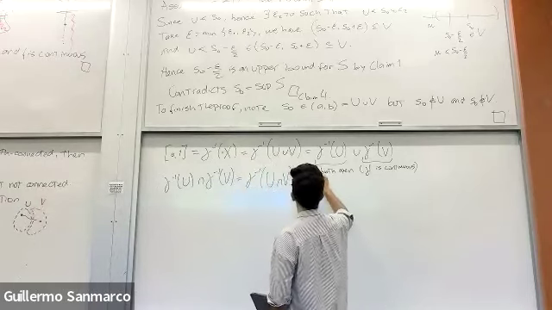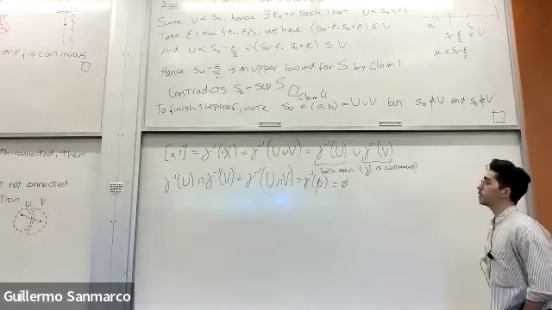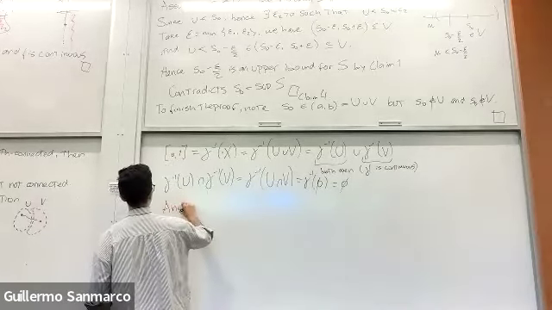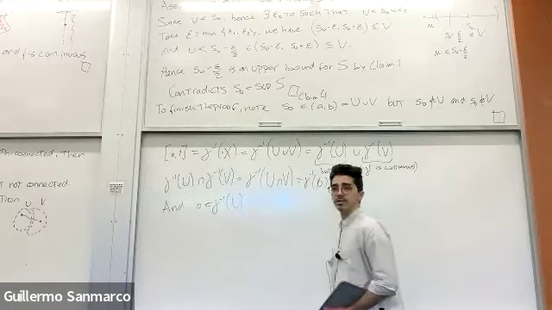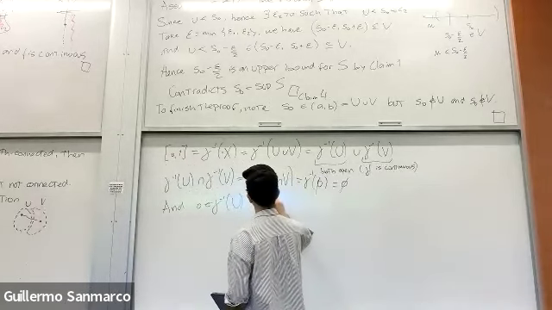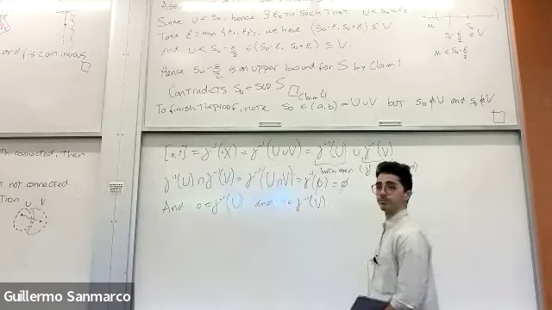This is the pre-image of empty, which is empty. And they are both not empty because 0 lives in the pre-image of U because little x lives in U and gamma of 0 is x, and 1 lives in gamma inverse of V.